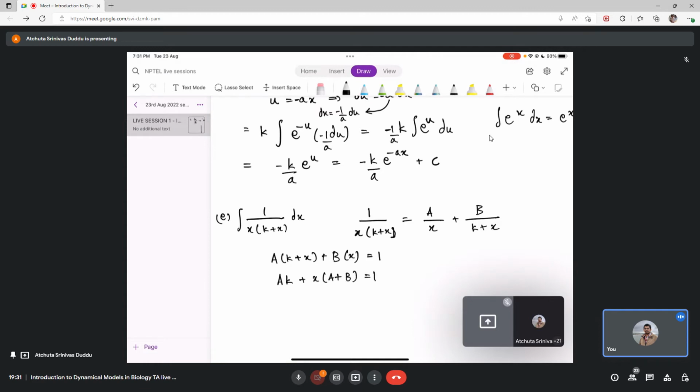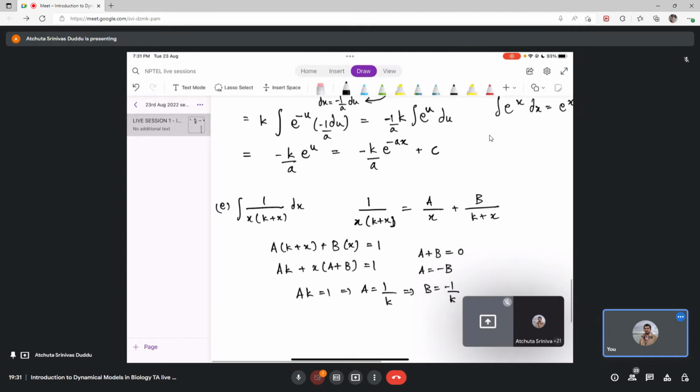For this to be 1, we need a plus b to be 0. So we have a equals minus b. And then we have ak equals 1, which would imply a equal to 1 by k, which would then imply b would be equal to minus 1 by k.